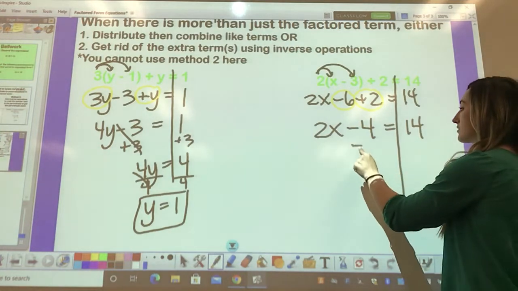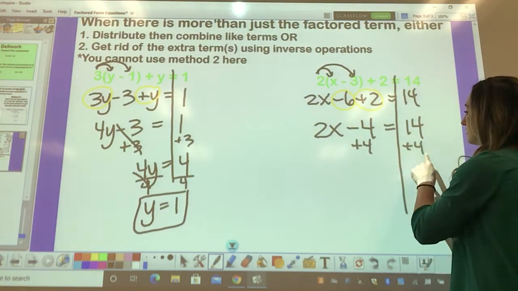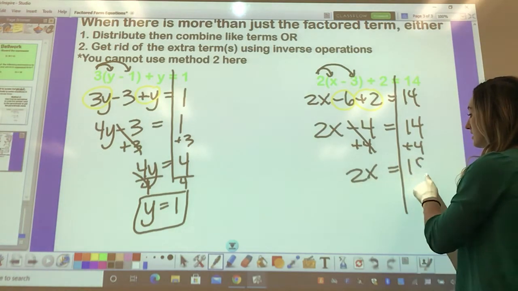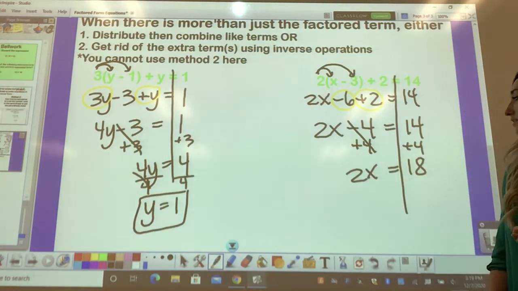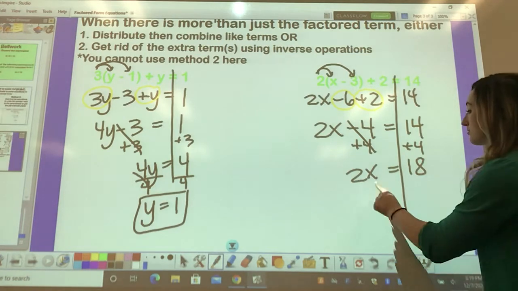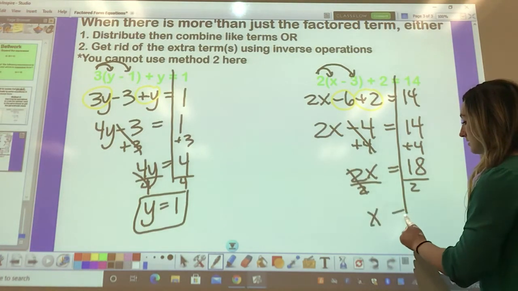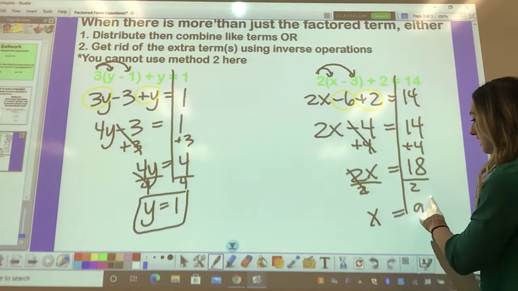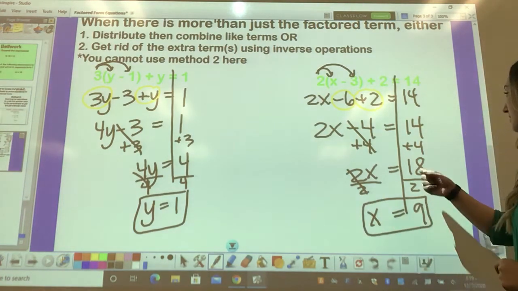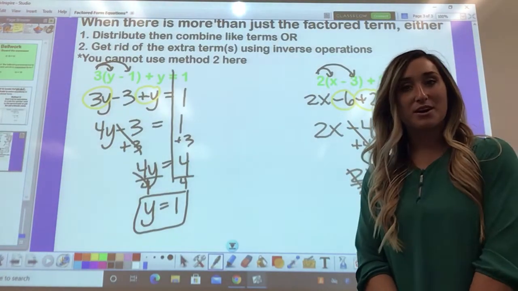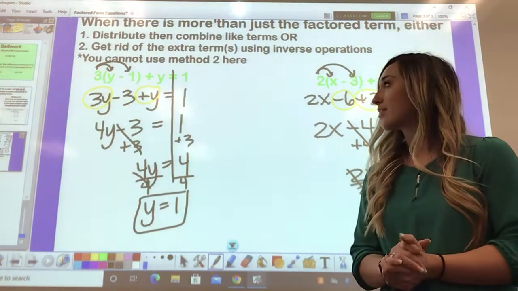Add 4 to both sides. You get 2x equals 18. And divide both sides by 2 to get x equals 9. So again, another 1, 2, 3, 4-step equation, which hopefully we are feeling confident with.